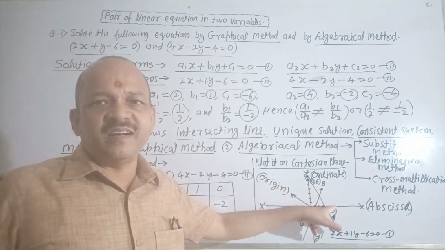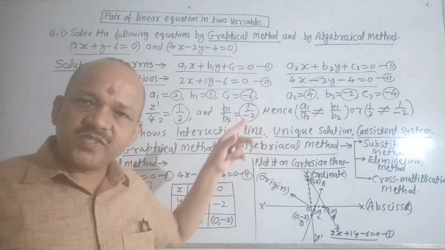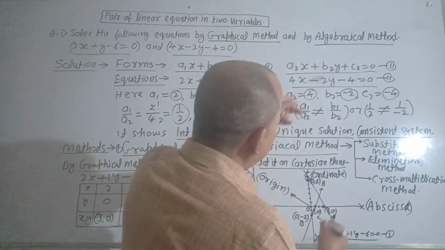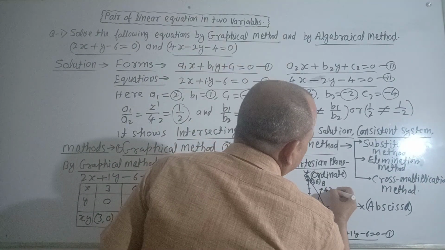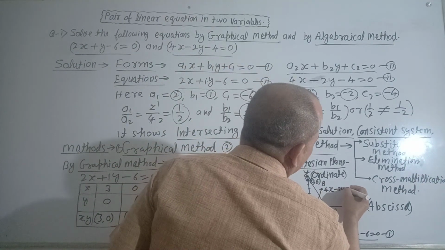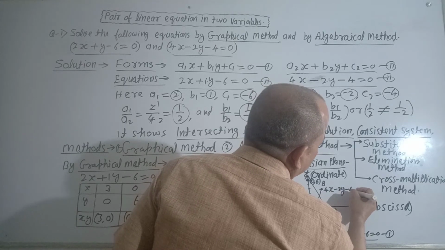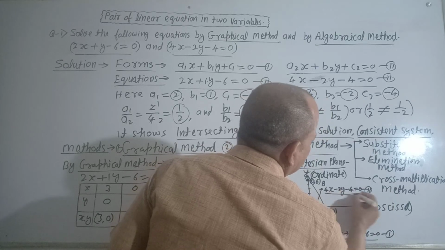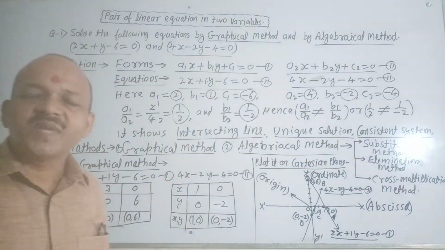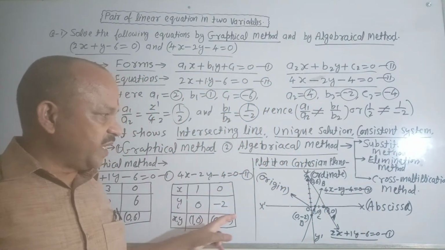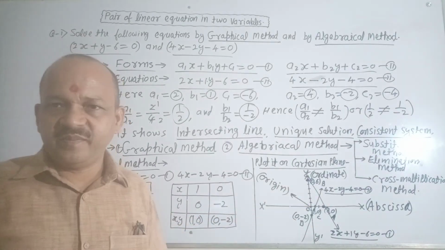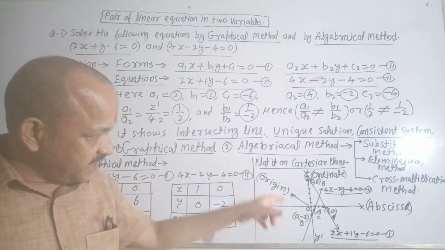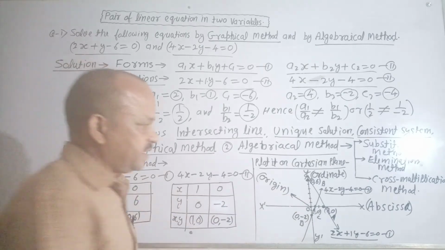This line is according to equation second. Here the second equation is 4x - 2y - 4 = 0. Equation second.